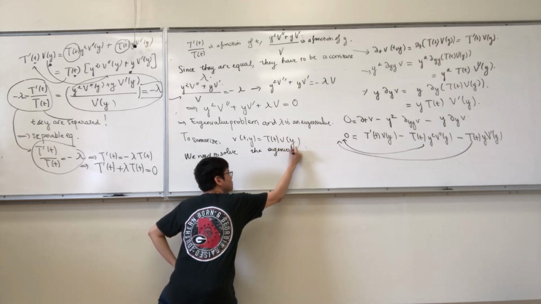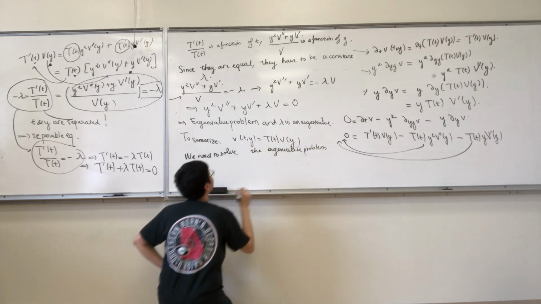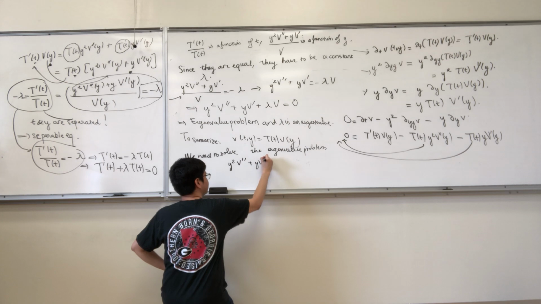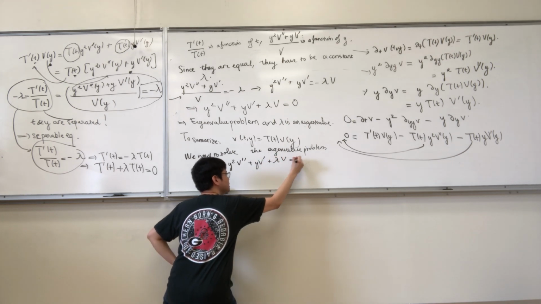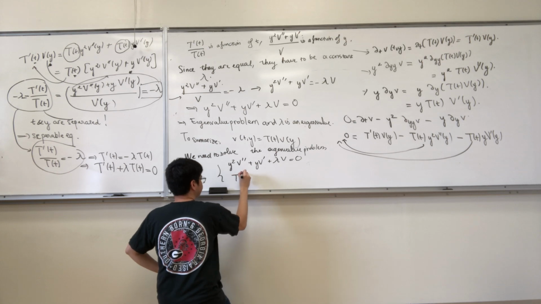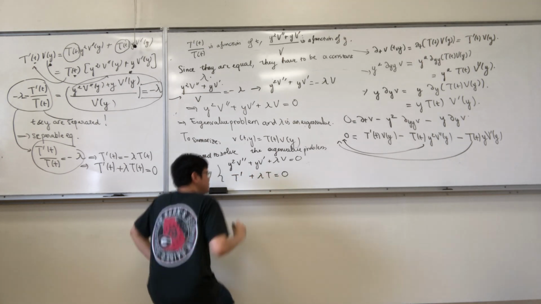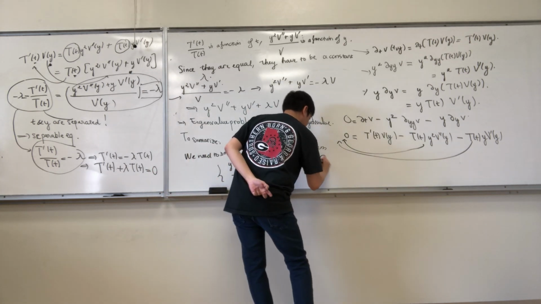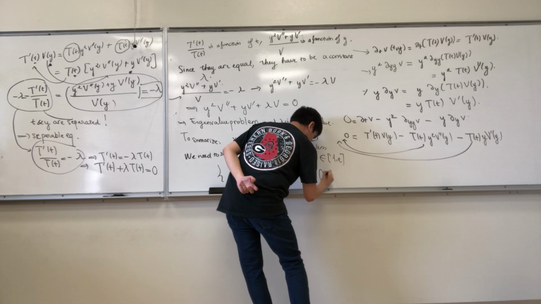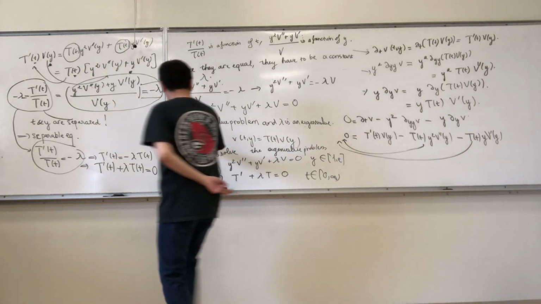You have y squared V second plus y V prime plus lambda V is 0, and T prime plus lambda T is 0. So this is solving for y in 1 to e, and this is solving for t in 0 to infinity. All right, so this is what you have to do.